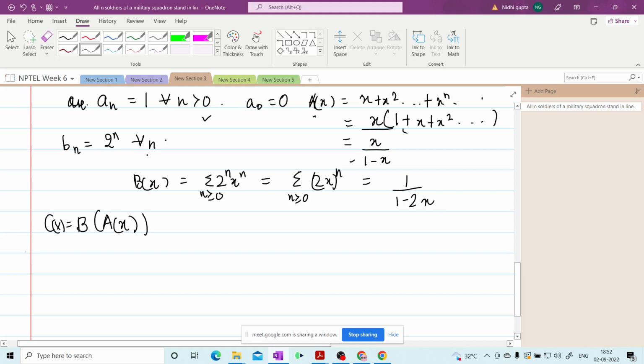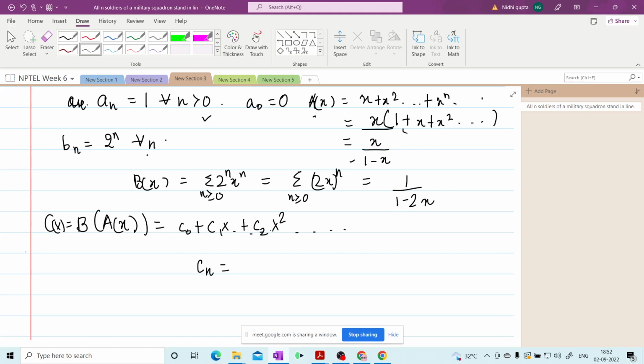And previously we discussed that if we do the composition B(A(x)), this is our C(x). If we do this composition, we'll get C0 plus C1 x plus C2 x square and so on, where the coefficient of x^n is C_n, and it was coming out to be the sum of 2^k over x1 plus ... plus xk equal to n, xi greater than 0. So if we compose B with A, we get our required answer.